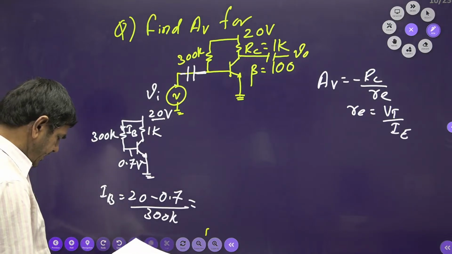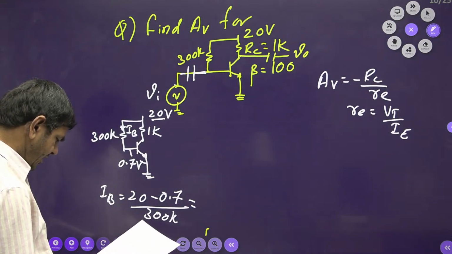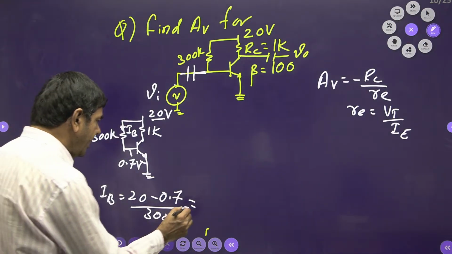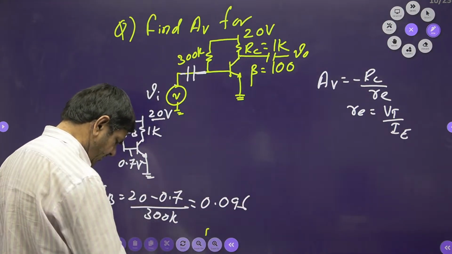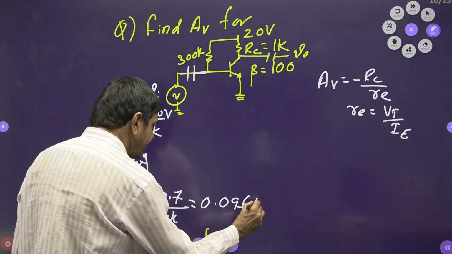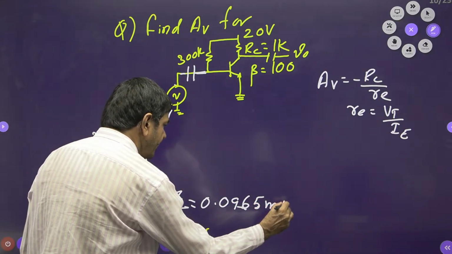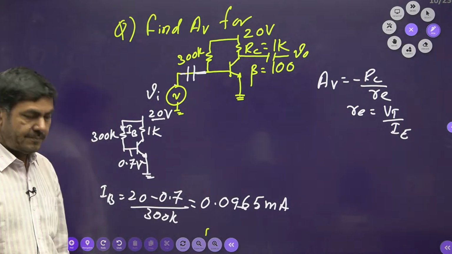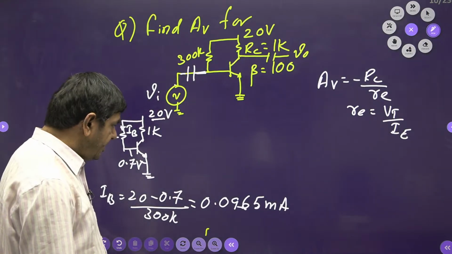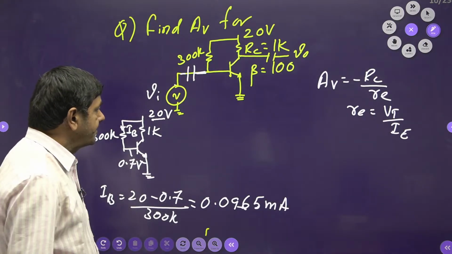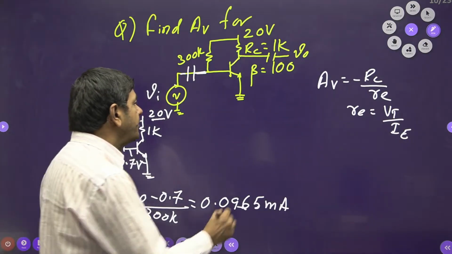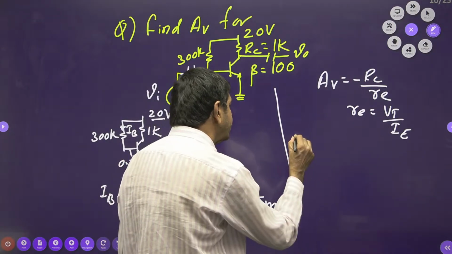Its value will be 0.0965 milliamperes. By using this base current, you can find IE.